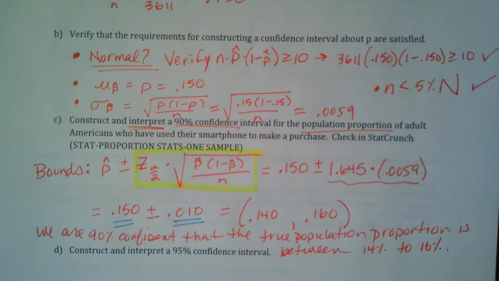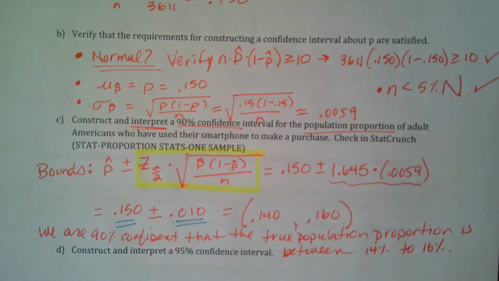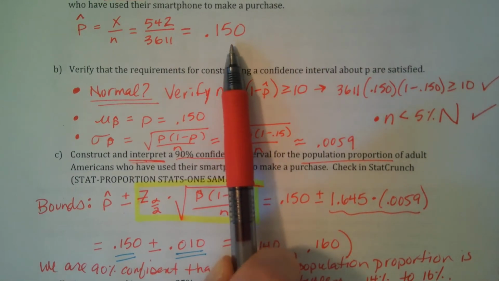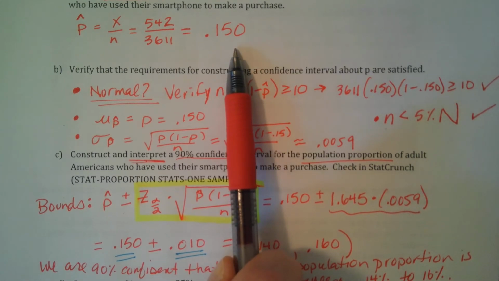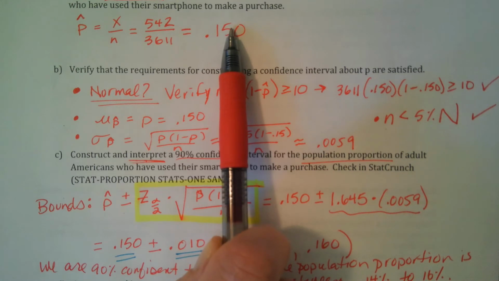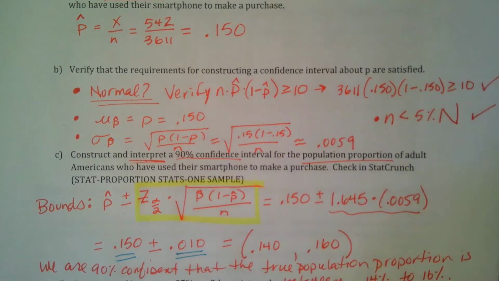So that's what we're trying to find out. Remember, our sample had a proportion of 15%. 15% of our sample used their smartphones to make purchases. So we want to extend that to the population of the total country.